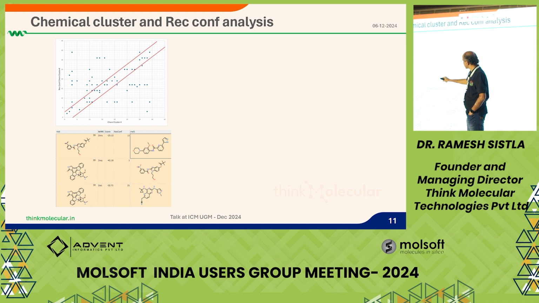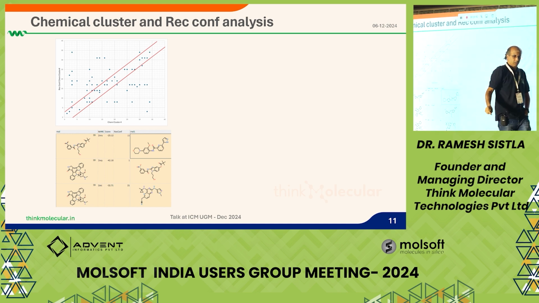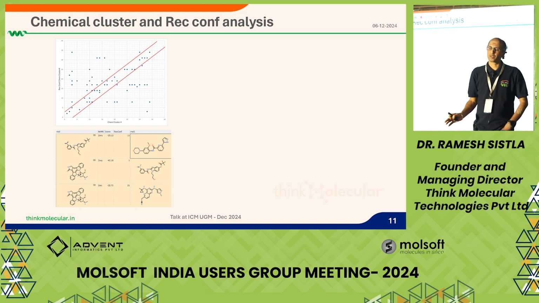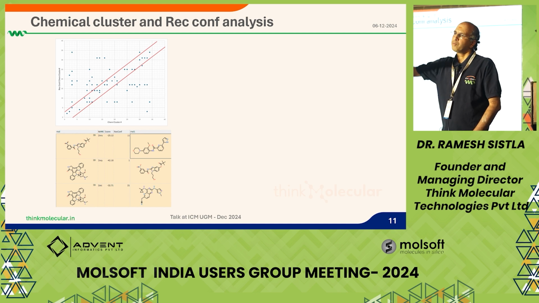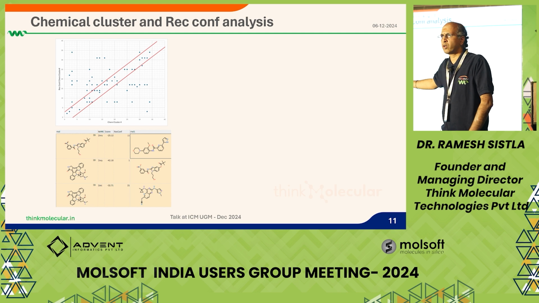But in this case it is not happening, it is actually spread out. Which means that compounds, although they are showing good docking modes, are picking up members of other clusters. That's okay as long as you get a good docking mode and you are reproducing the binding mode.